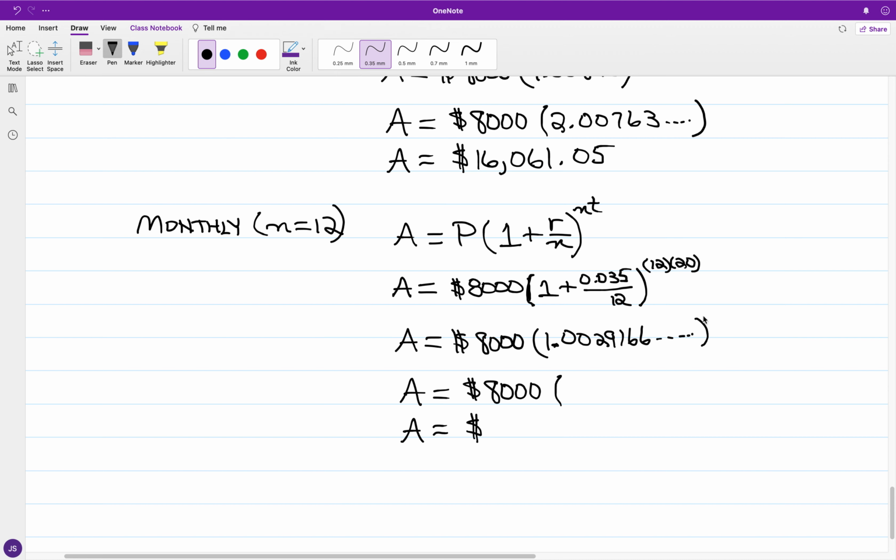And if you keep this sum and raise it to the 240th power, this time we're going to have still just over 2, and this time we'll have 2.0117. And if you keep the decimal and multiply by $8,000, this is going to be about $16,093.62.